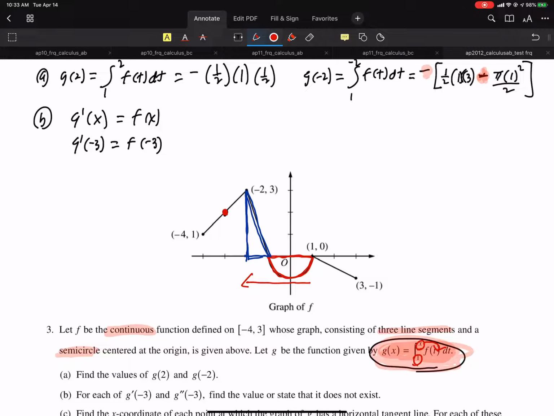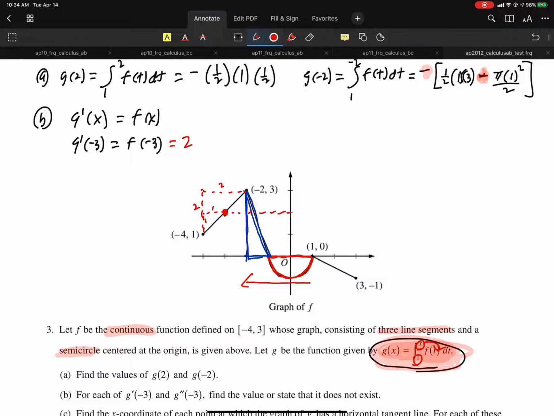Now to make sure, if you want to be careful, that rise goes from 1 to 3, that's 2, and that run is 2, so the slope is 1. So clearly the y value there is 2. But to be technical, just be careful on that.